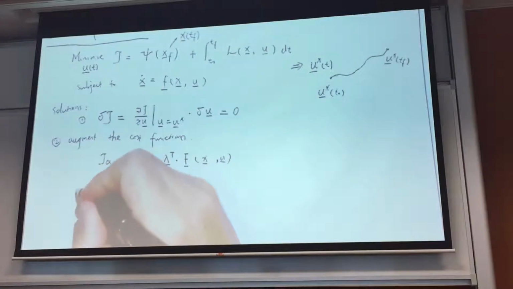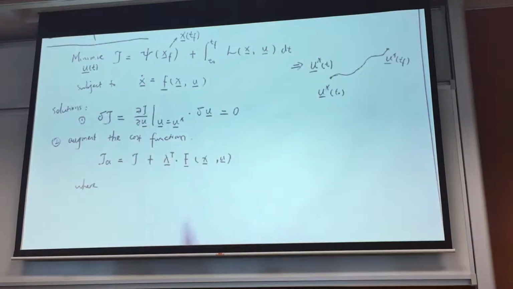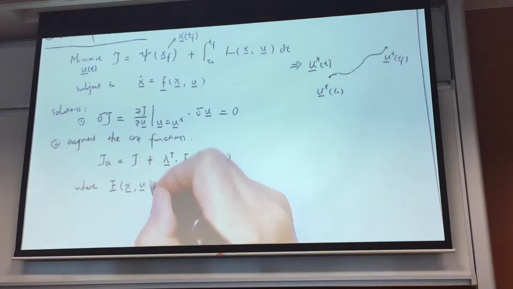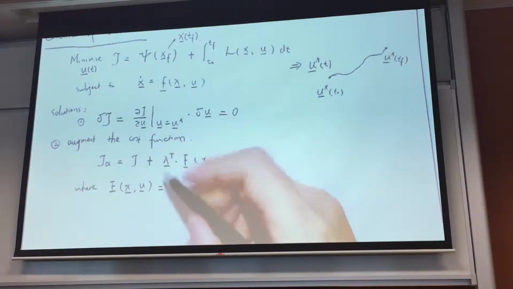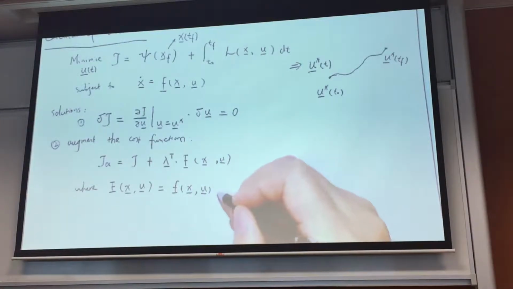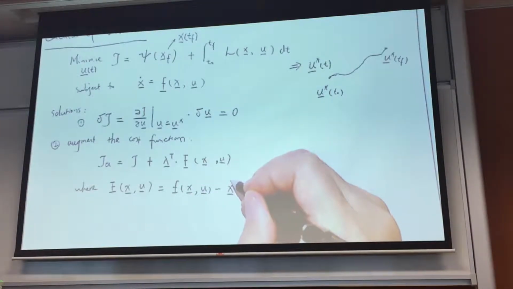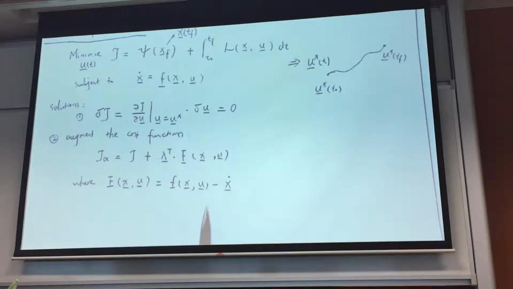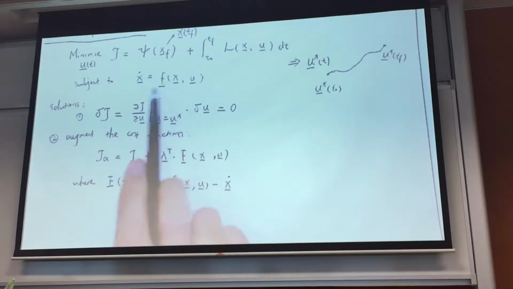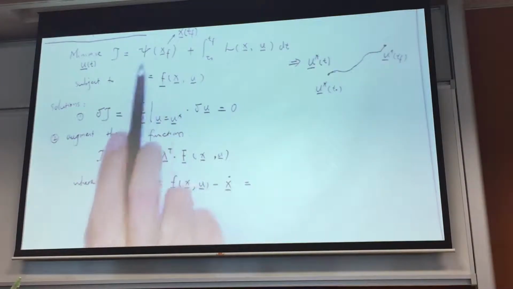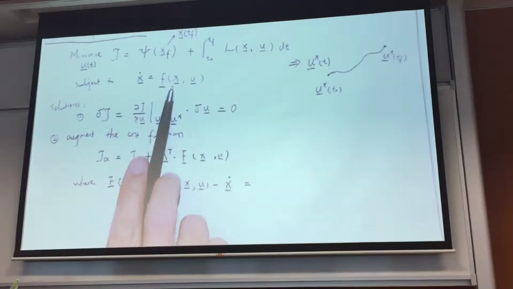So we define this F(x, u) equal to f(x, u) minus x dot. We know this one is equal to 0 because we have this dynamic equation.